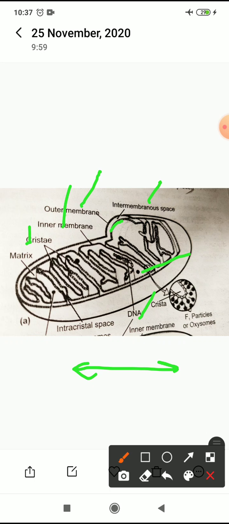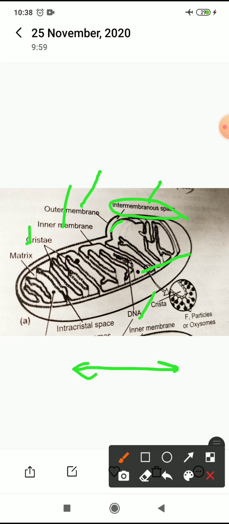Just as we have seen, outer membrane and inner membrane. And the space between these two membranes is called the intermembrane space that we have seen here. This intermembrane space is about 40 to 70 angstrom in width and is filled with watery fluid.